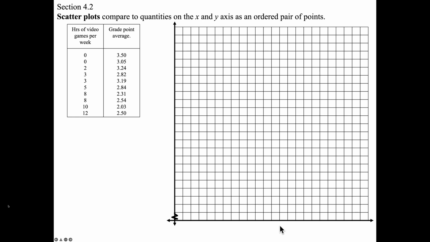Now, one thing I want you to notice on my graph here is there's a little squiggly break. The reason that's there is because you don't see too many GPAs really close to 0. The highest GPA you can have is 4, so I would make the very top line 4.0.